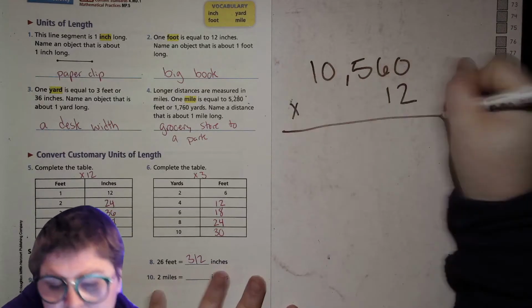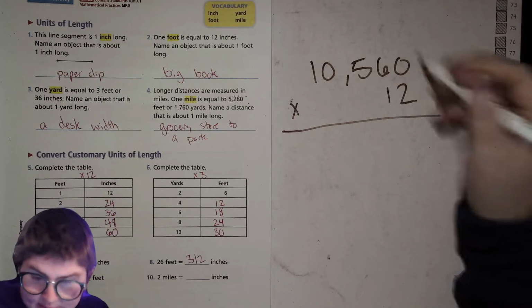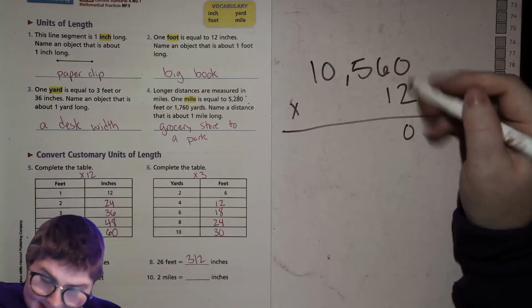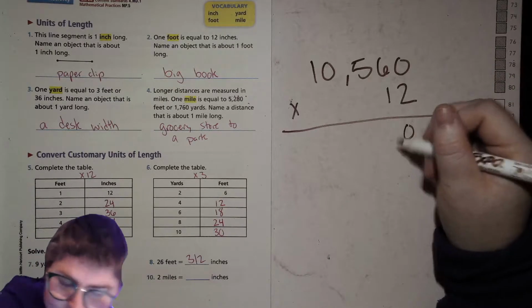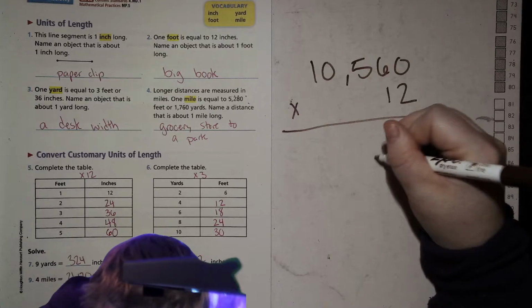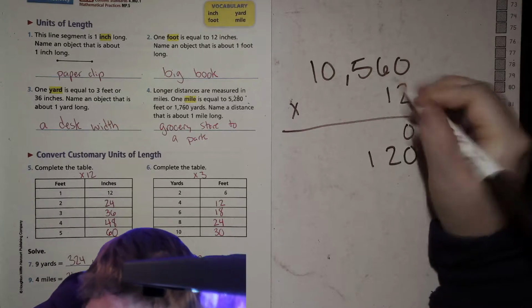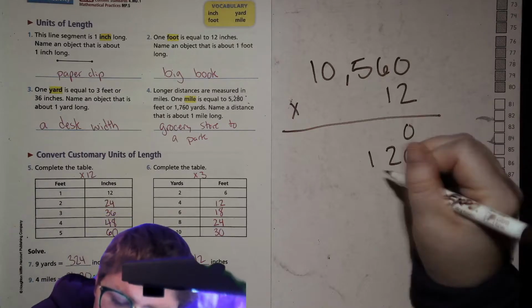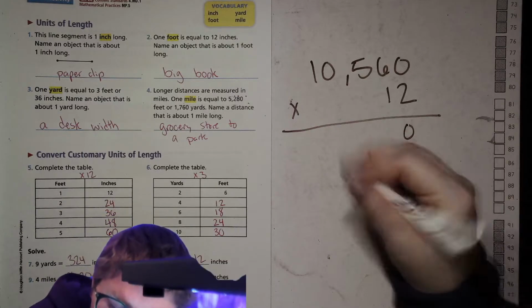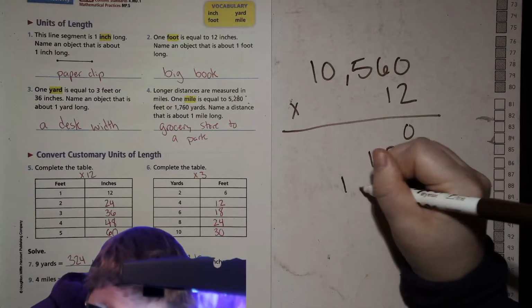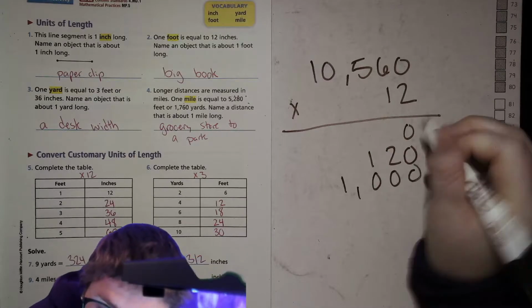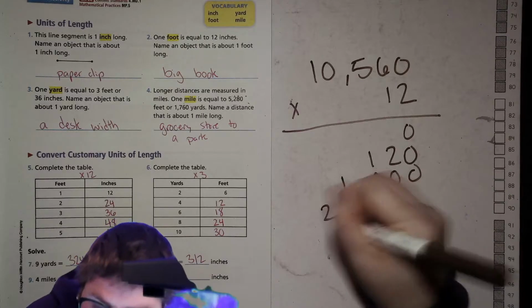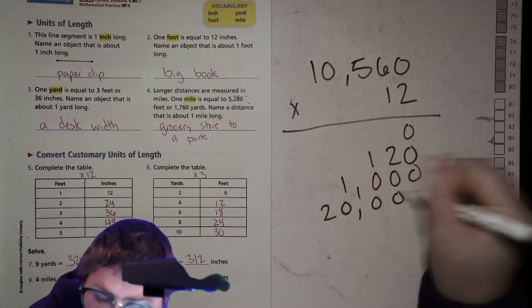Okay. So 2 times 0, 0. 2 times 60, 120. 2 times 500 is 1,000. And then 2 times 10,000 is 20,000.